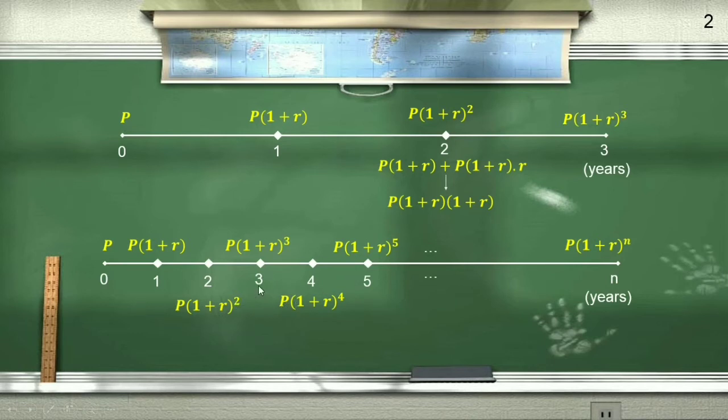And if our capital P is compounded annually until n years, our money becomes P times 1 plus R to the n. Right? This is very simple algebra, and this is the idea of compounding interest.